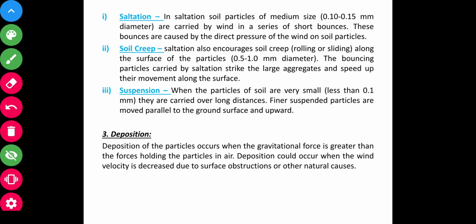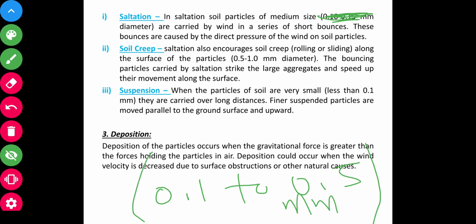When the particle size ranges from 0.1 to 0.5 mm, that time the transportation or movement of soil particles is carried out by the saltation process.